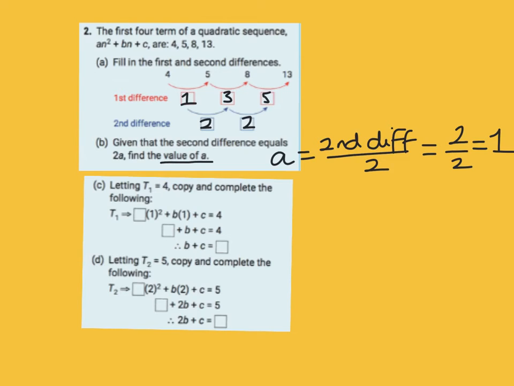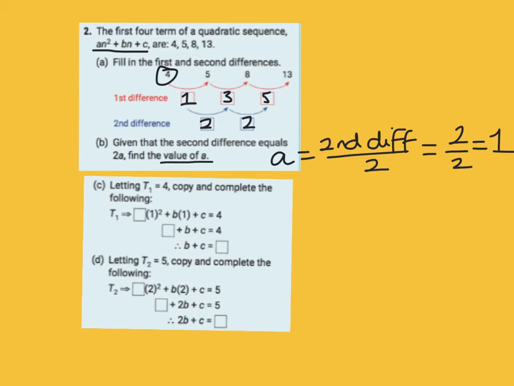Okay, fabulous. So, letting T1 equal 4, because that's obviously our first term. And even here, I would just remind yourself of the sequence itself, so it's up the top here: an squared plus bn plus c. They've skipped a section.